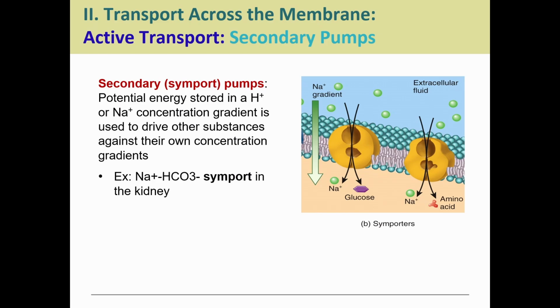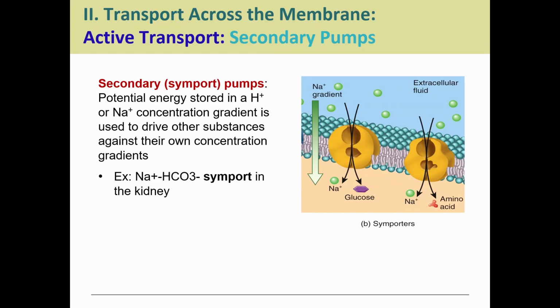Versus a symporter, right? A symporter is basically kind of a paired system in that we are going to pump something out to create a false high gradient. We're going to artificially increase the gradient of an ion, and then we're going to use that to help bring something else in, to help drive other substances against their concentration gradient. So something like we see sodium being used to help carry glucose in, right?